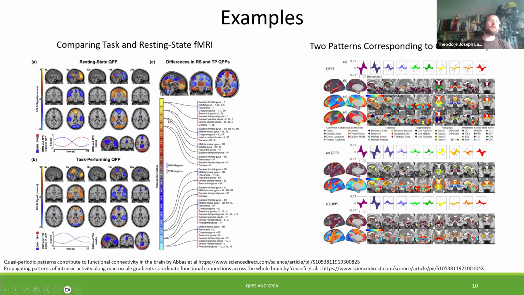Basically, this paper concluded that there are major differences between task and rest, and various tasks might have different effects depending on what the task might be.